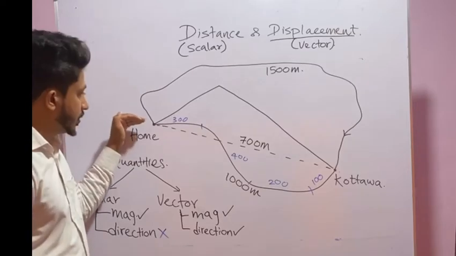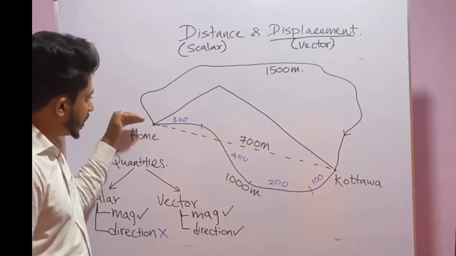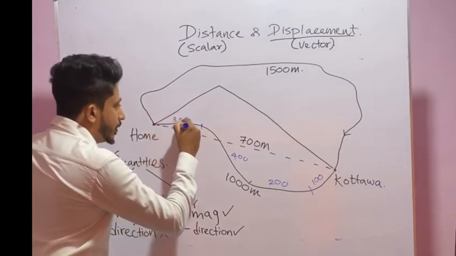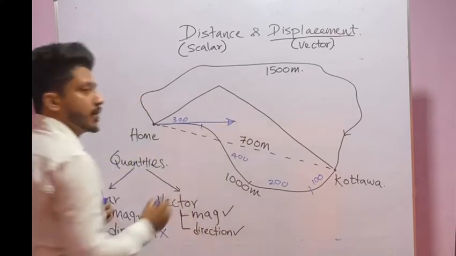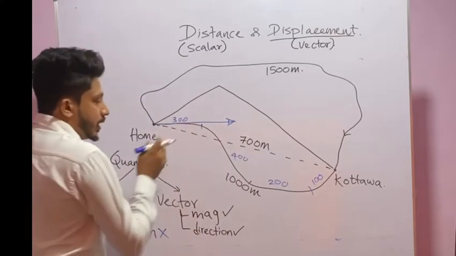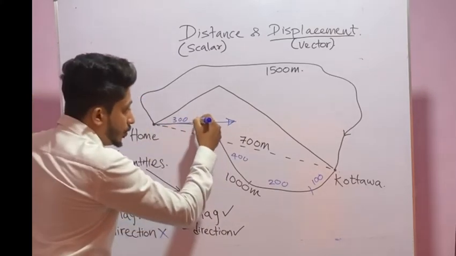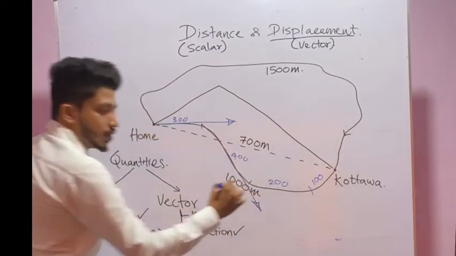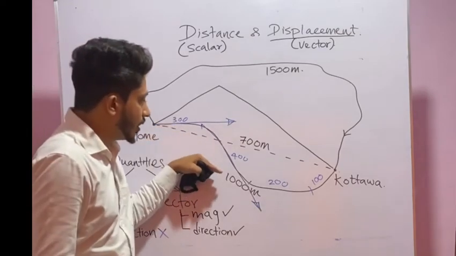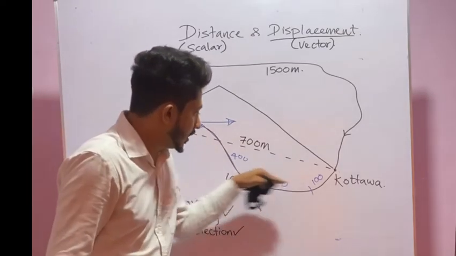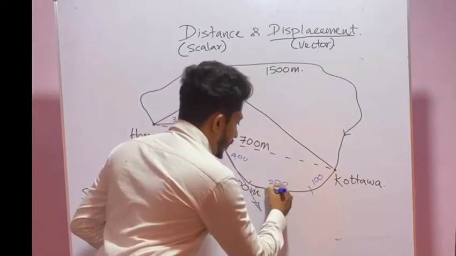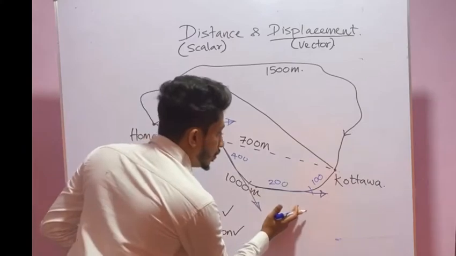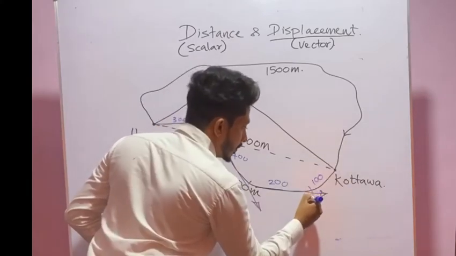If you can note, first I should travel in this direction, and then I should turn my vehicle into this direction, and I have to travel afterwards this direction here, and again I have to travel this direction.